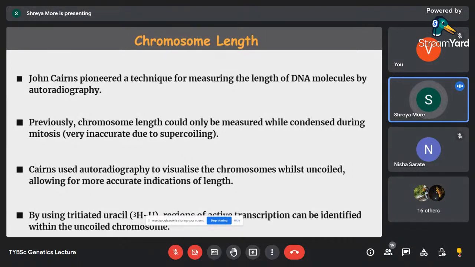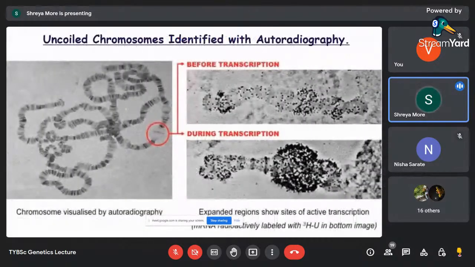By using tritiated uracil, regions of active transcription can be identified within the uncoiled chromosome. So this was the picture of the uncoiled chromosome identified with autoradiography before transcription and during transcription. As you can see, during transcription, it has become a little bit denser.